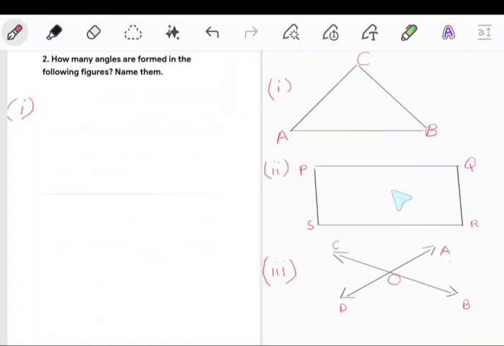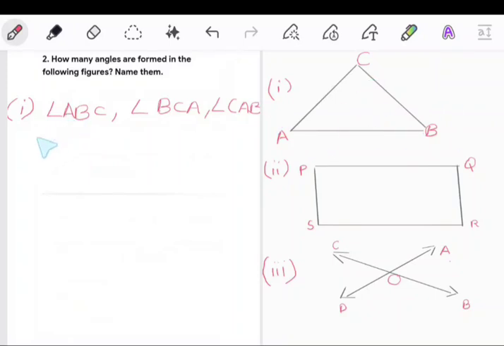A triangle always contains 3 angles. So we can name them angle ABC, angle BCA, and angle CAB. Clear?